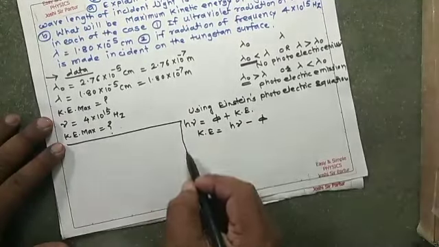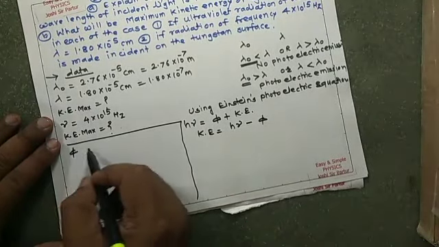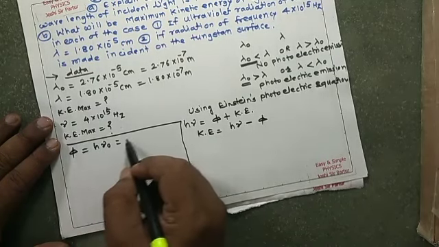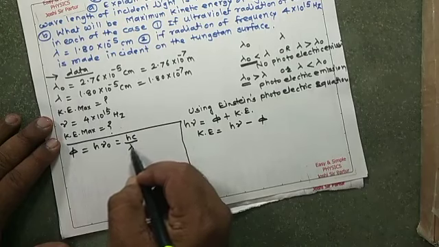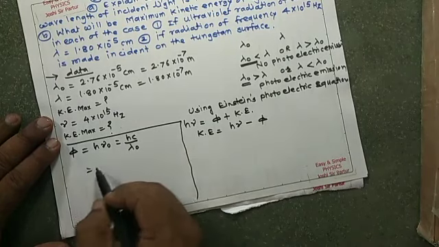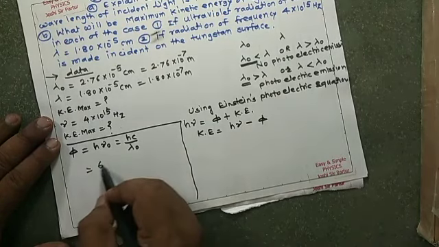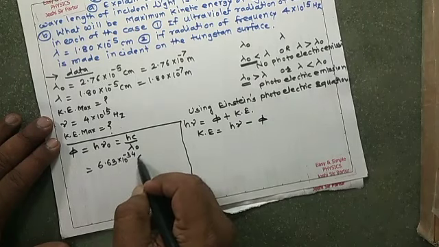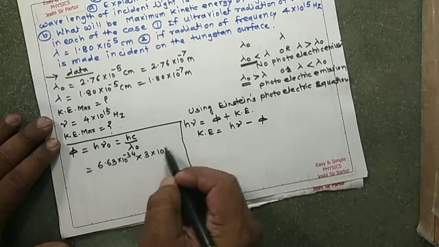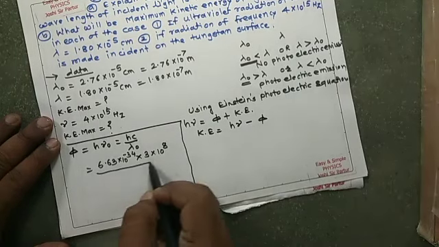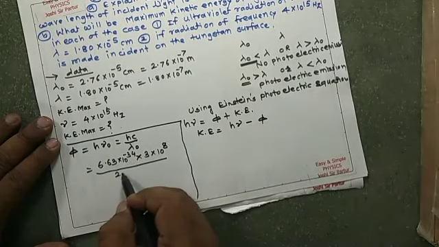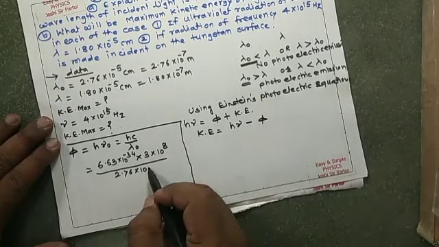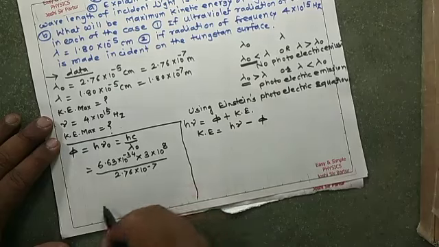See here, we know phi is equal to h nu 0, which is hc upon lambda 0. So h has the value 6.63 into 10 to the power minus 34, into 3 into 10 to the power 8, divided by lambda 0, which is 2.76 into 10 to the power minus 7.